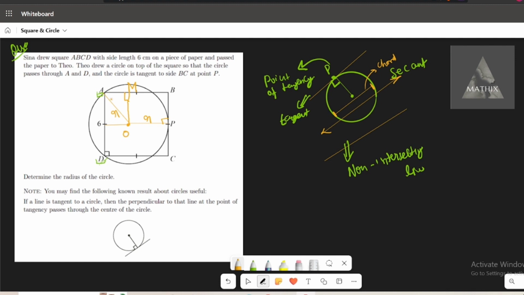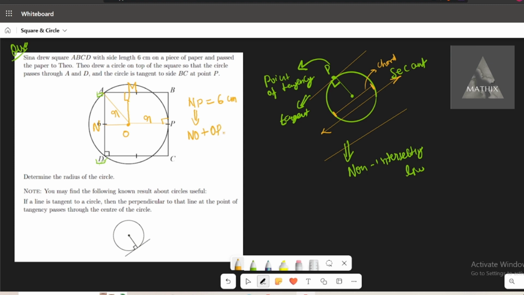It is given that ABCD is a square. So if AD is 6, we can also say that this length NP will also be 6 centimeters. NP is what? NO plus OP.